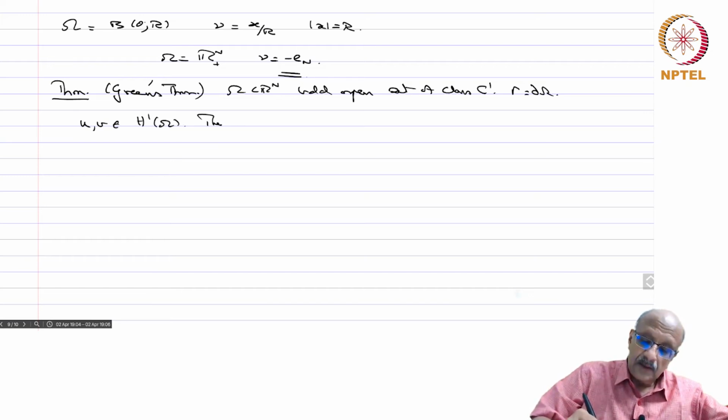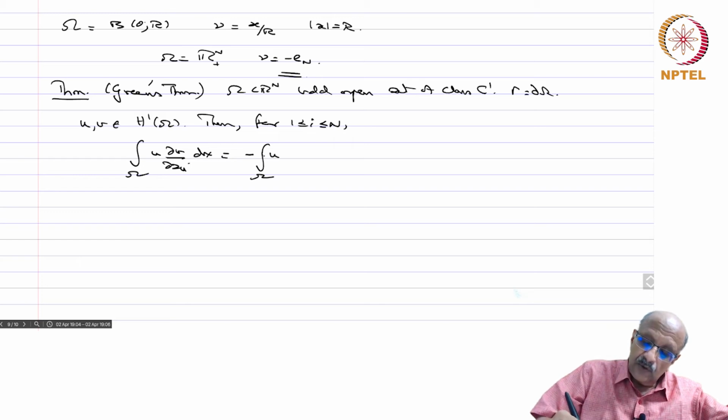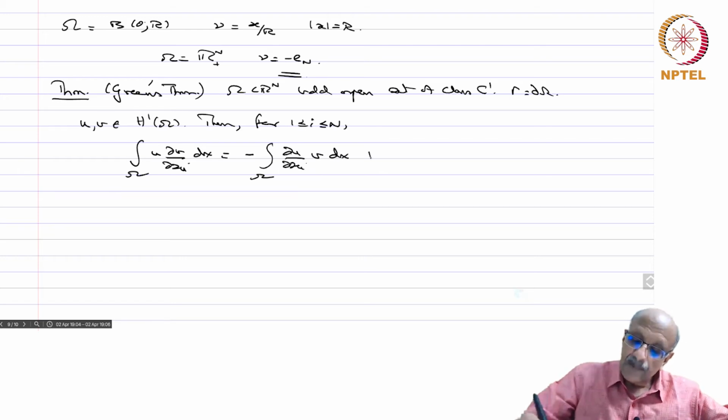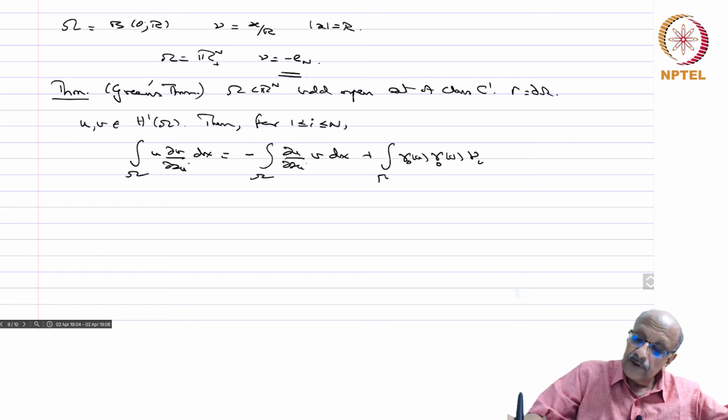Then for 1 less than or equal to i less than or equal to n, we have integral on omega u dv by dxi dx equals minus integral on omega v du by dxi dx plus integral on gamma of gamma naught u gamma naught v times nu i dx.